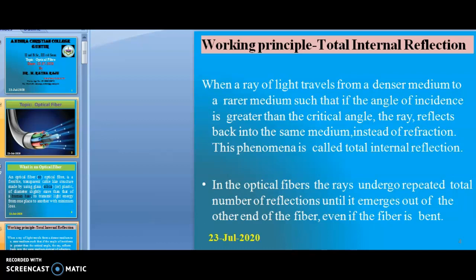This phenomenon is called total internal reflection. So the working principle of optical fiber, as I told, is total internal reflection.